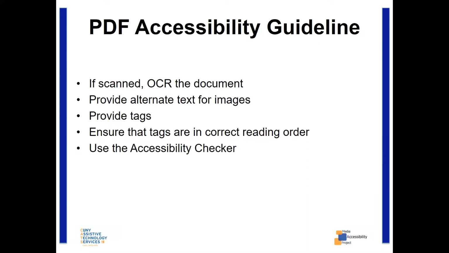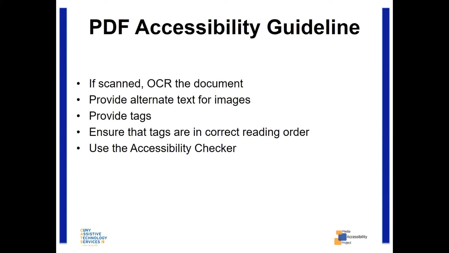So moving on, just like with Microsoft Word, you want to provide alternate text for images. And the main thing with PDF accessibility is to tag the document. Tags in a PDF document are a hidden structured representation of the content, and this is only for screen reading and accessibility purposes, so tags don't have a visible effect on the document.